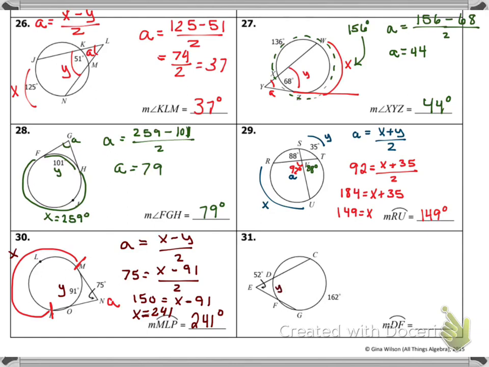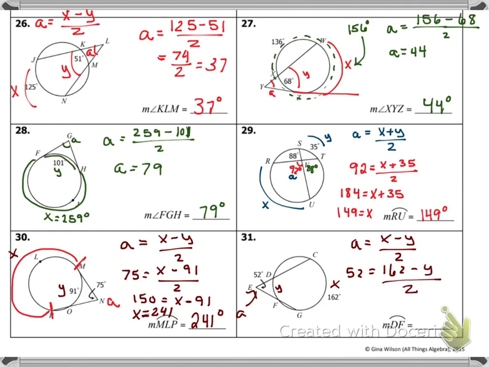Cool. And then on number 31, I'm looking for the arc DF. So that's kind of like my Y in here. This is the X. Here's my A. So A equals X minus Y divided by 2. 52 equals, you guessed it, 162 minus Y divided by 2.